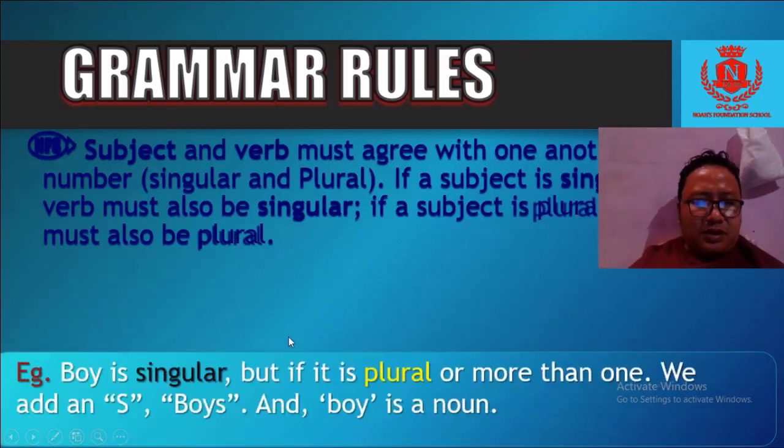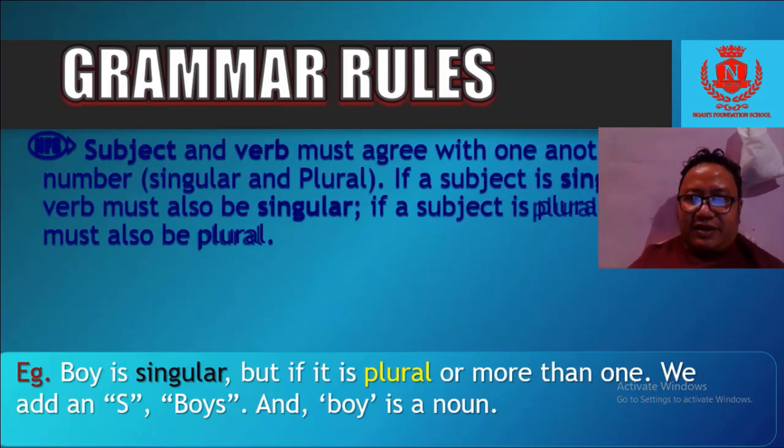For example, boy, B-O-Y, is singular, but if it's plural or more than one, we add an S, so it turns into boys. That is a plural noun, because boy is a noun. But in verbs, let me say drink.